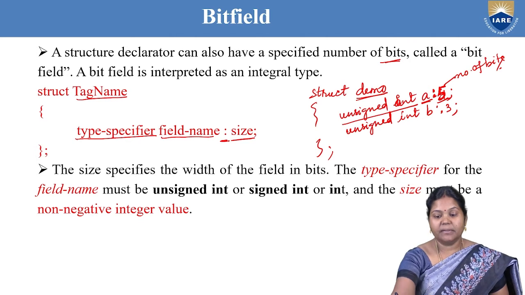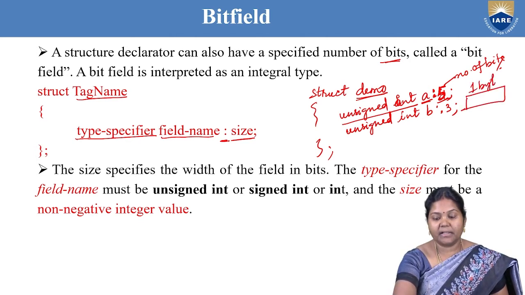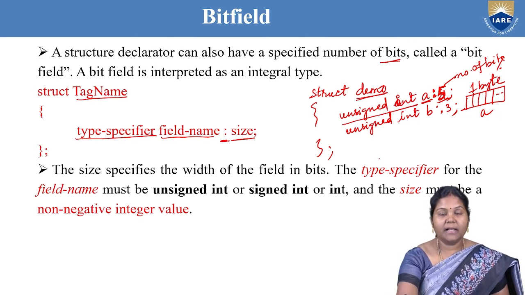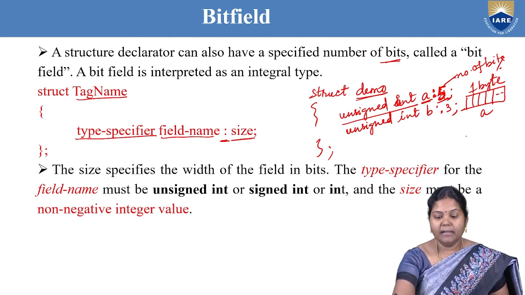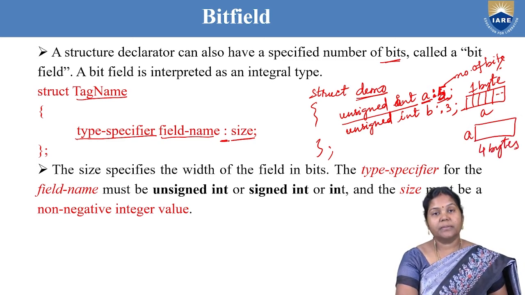So 5 bits means at least 1 byte of space will be allocated to A. Out of that 5 bits will be used and the remaining will be unused. But if you do not write the number of bits, then A requires normally 4 bytes. So here, by using the bit field concept, we have saved 3 bytes of space.